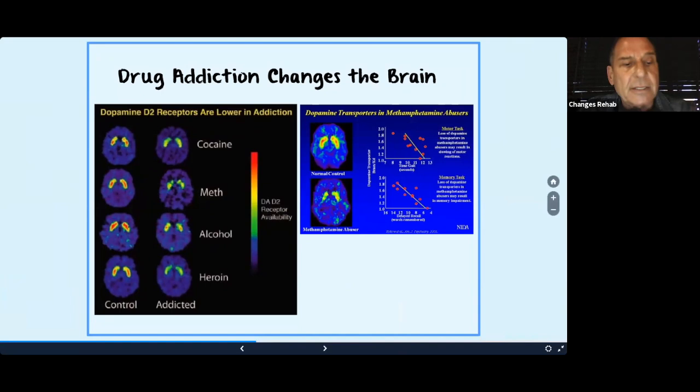On the left-hand side is the controlled brain, and the right is the addicted brain. You can see how the receptors are highlighted and are lower in addiction. You can see the difference between cocaine, meth and alcohol versus a normal brain, and what happens in an addicted brain.